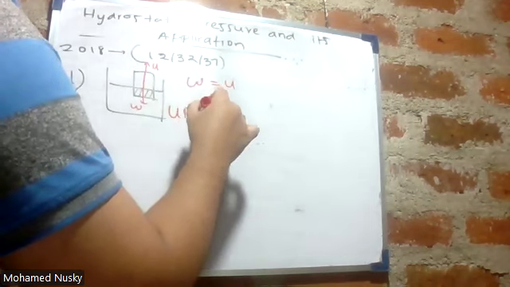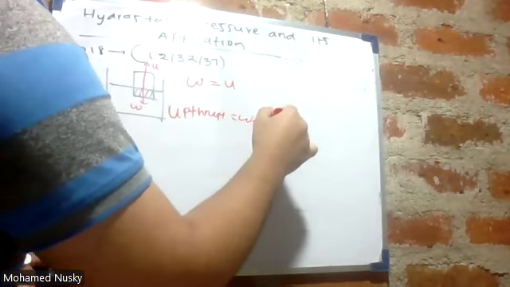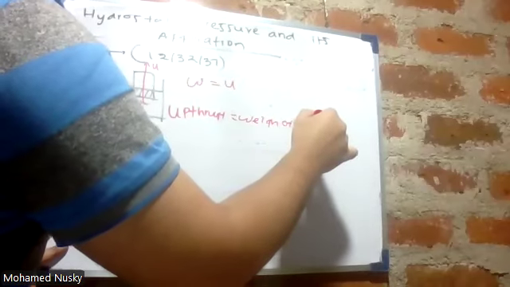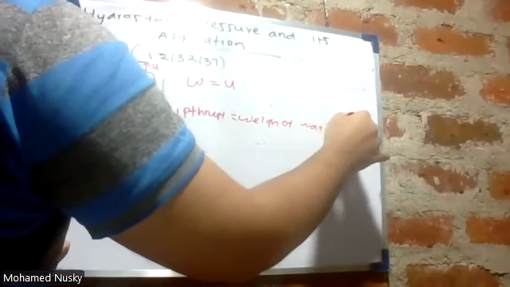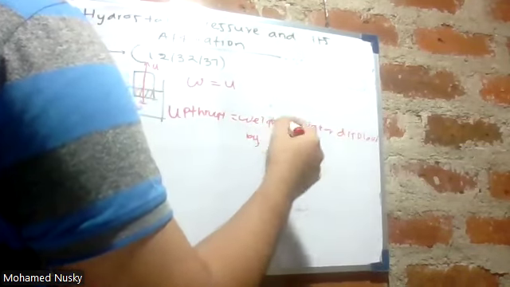Upthrust is equal to weight of water displaced by object.